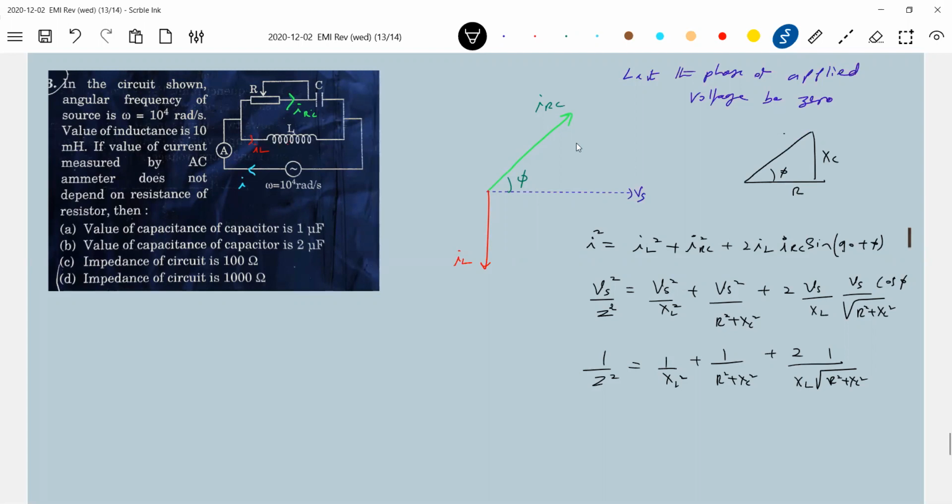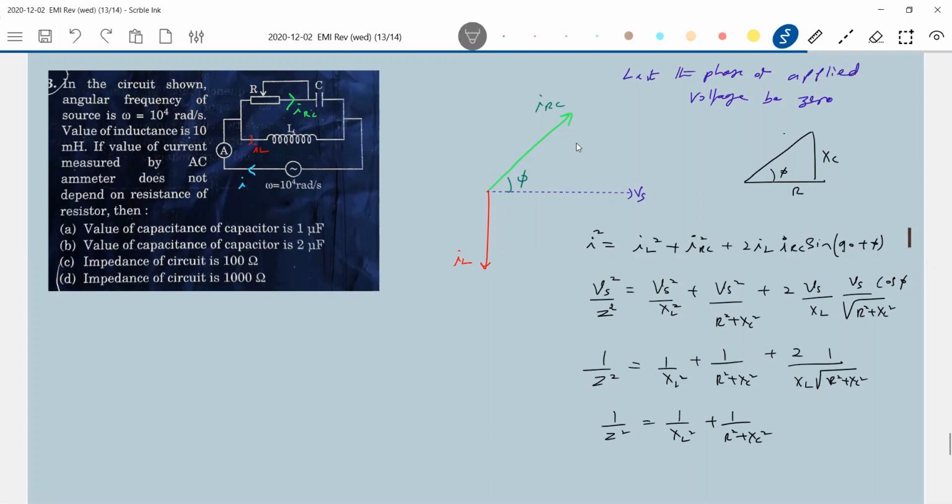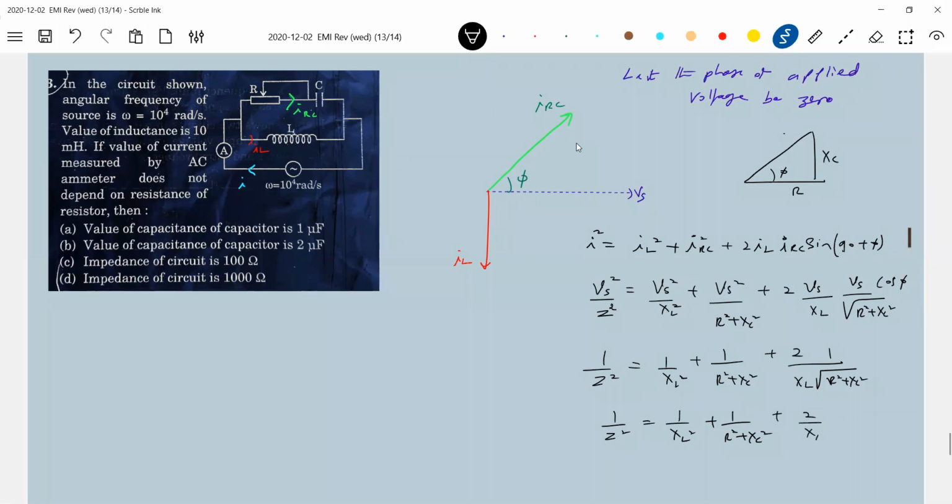Cos phi can be written as R by root of R squared plus XC squared.